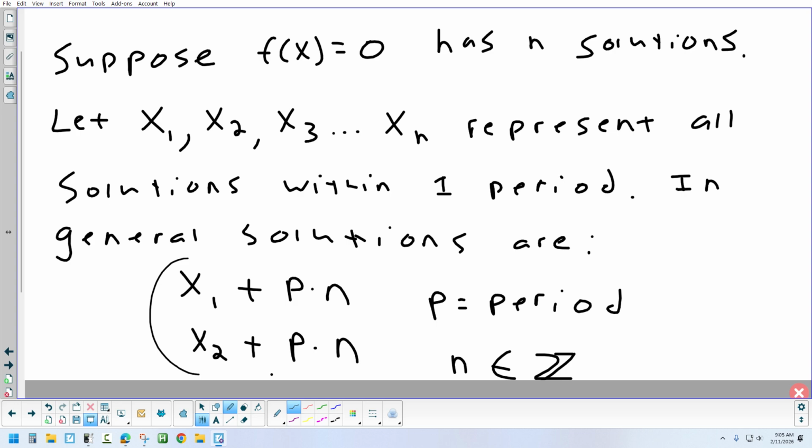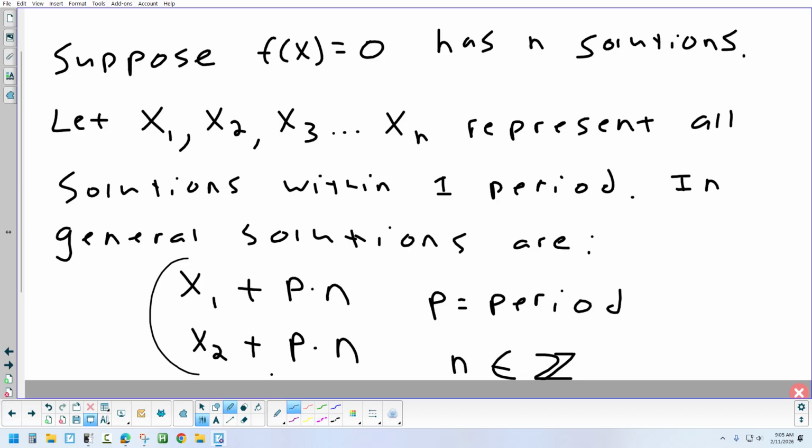And remember that n has to be what kind of number? Would have to be positive. No, it doesn't have to be positive.